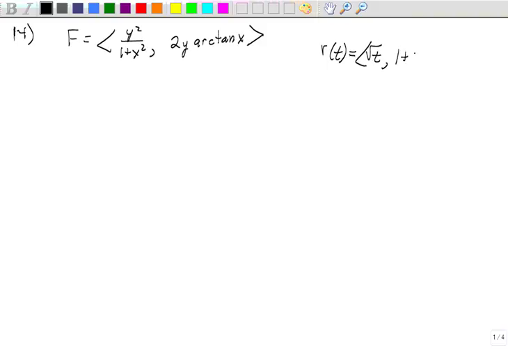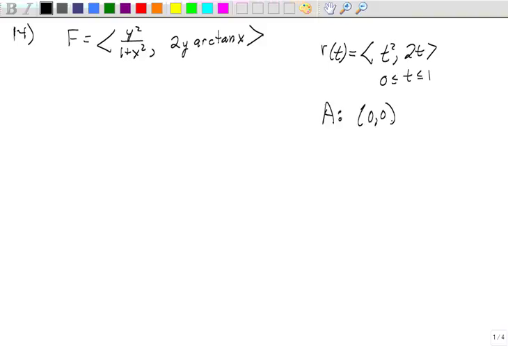Here's the curve. So r starts at, let's do it this way, point A where it starts at is where t is 0.